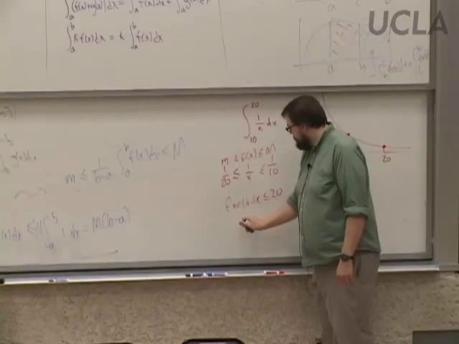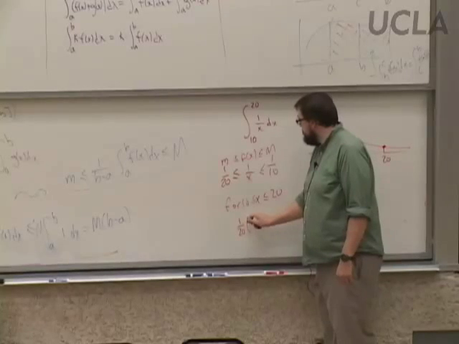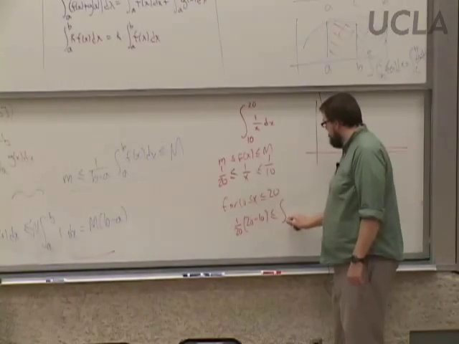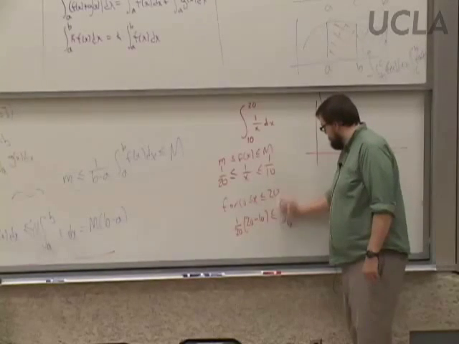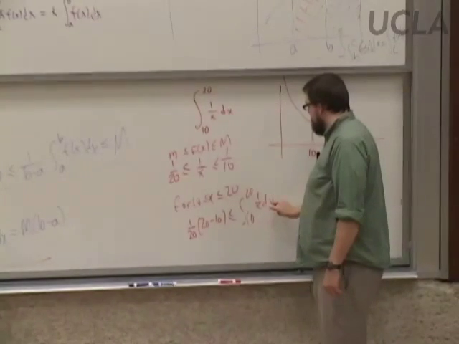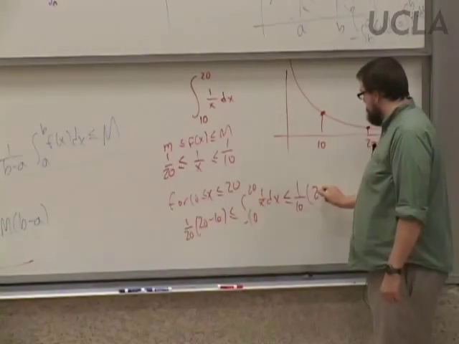So then I have 1/20th, which is lowercase m, times b minus a, is less than or equal to this integral, which is 10 to 20, not a to b, which is less than or equal to capital M, 1/10 times b minus a.